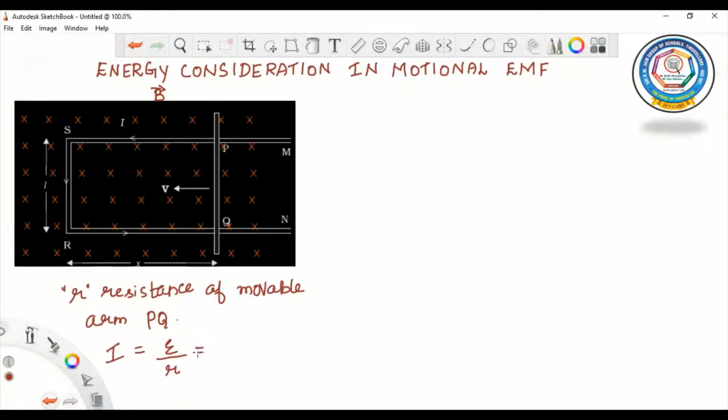And in the previous topic, we derived the expression for this induced EMF, right? What is that induced EMF? It is BLV, so the current is BLV divided by R.